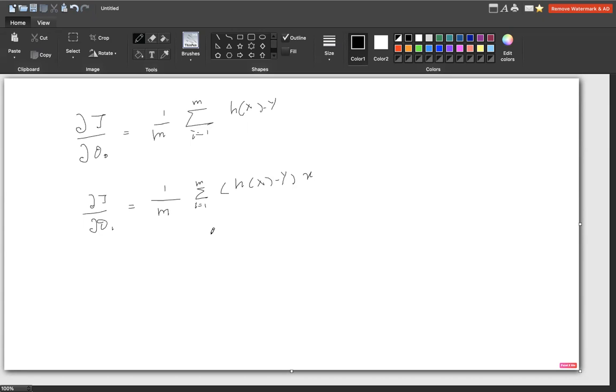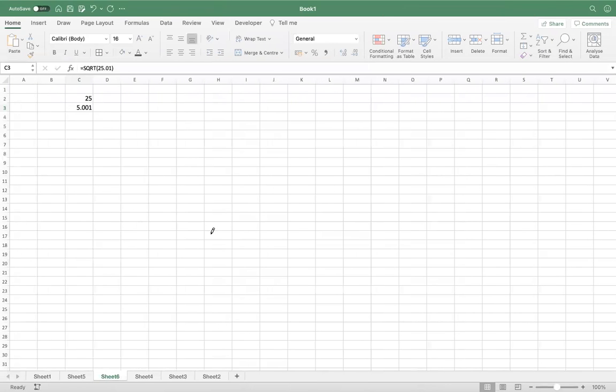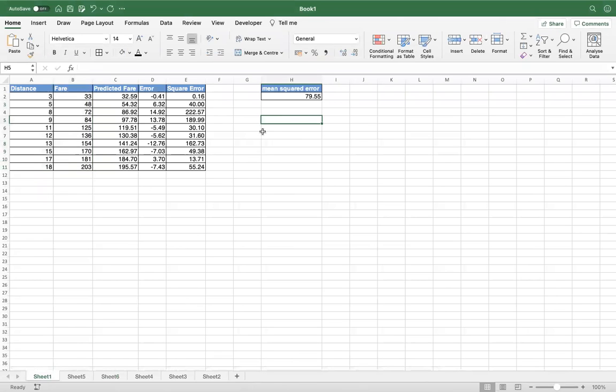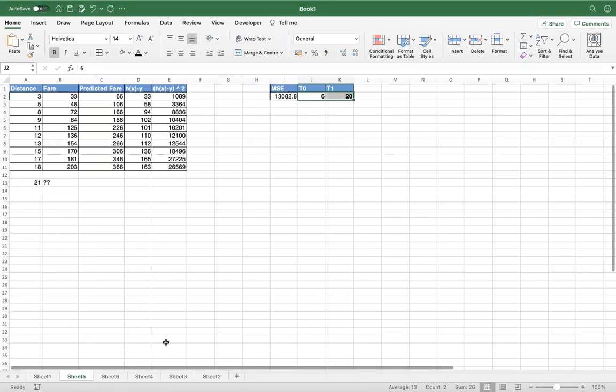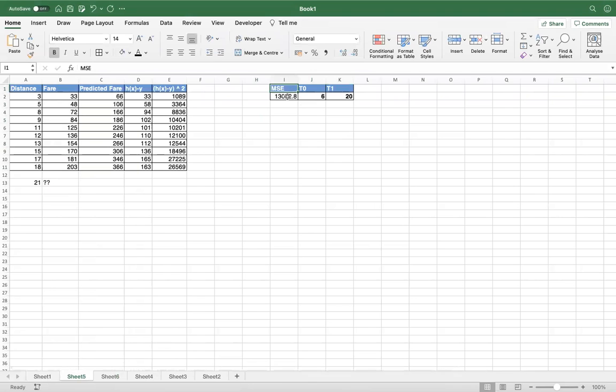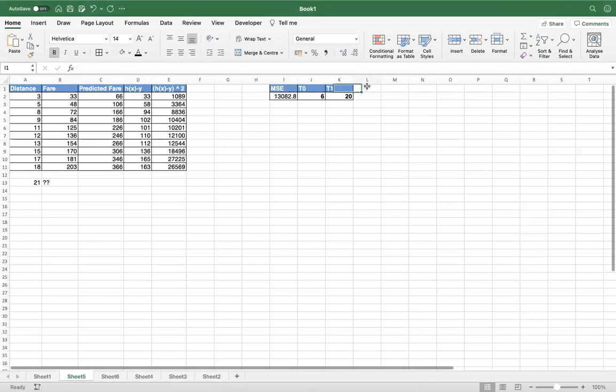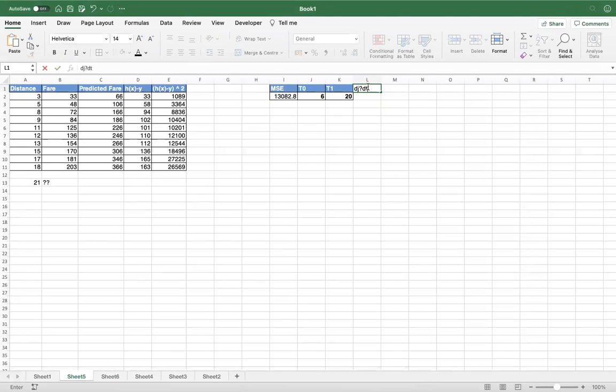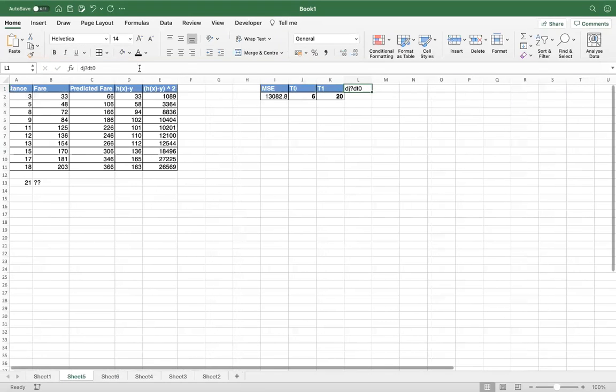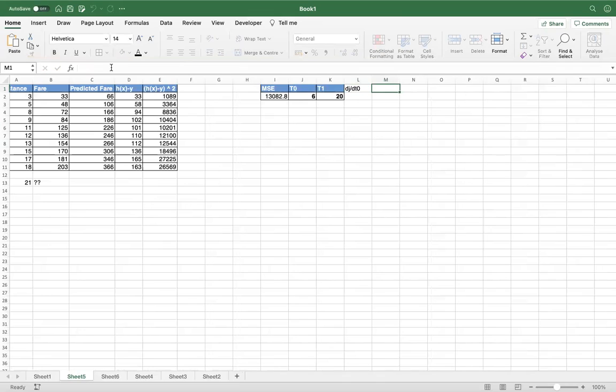Let us plug in the values here. We got our mean squared error, 13,082, right? Now I'm going to calculate dou j by dou theta naught and dou j by dou theta 1. These are the values that I want to calculate.